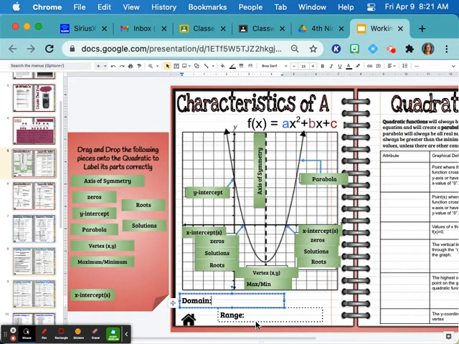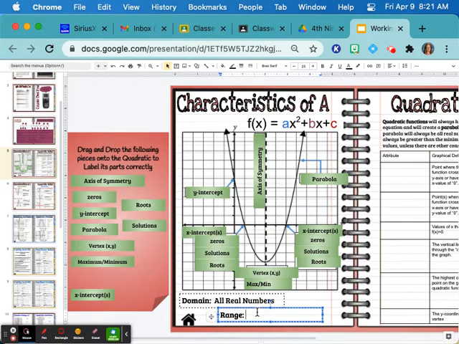What can you tell? No, the x values. What can the x values be on this graph right here? All real numbers. Or negative infinity, positive infinity.